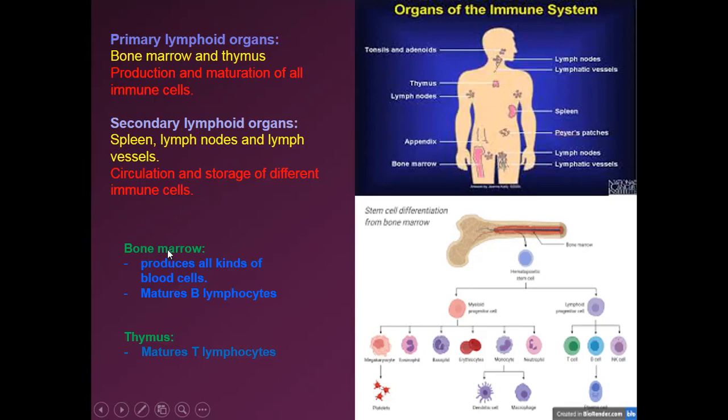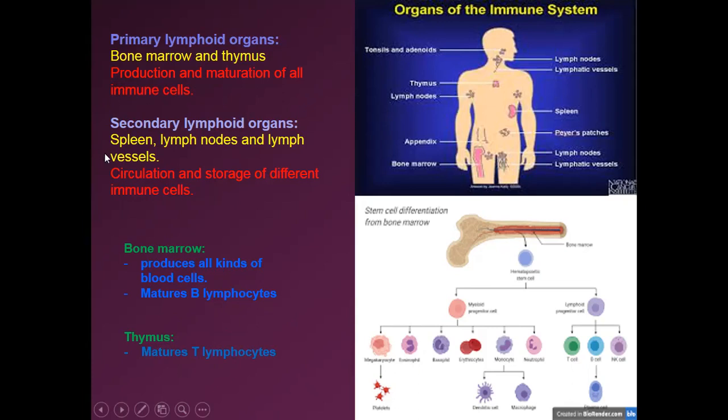For example, bone marrow produces all kinds of blood cells and matures B lymphocytes, so it is called B, from bone marrow. The thymus matures T lymphocytes, so it is called T lymphocyte, thymus.